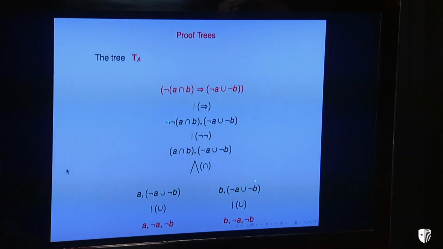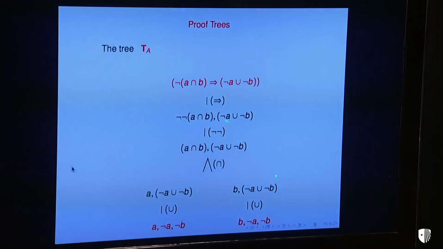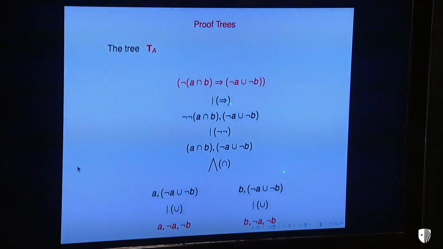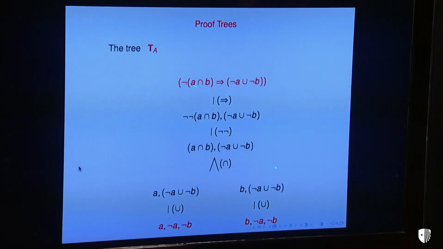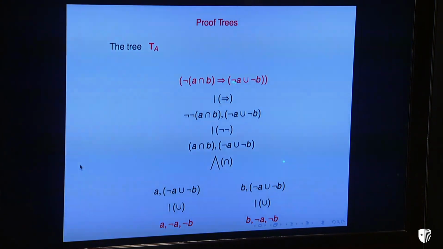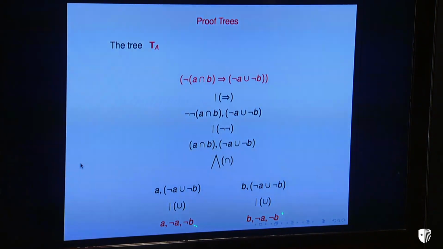You have this, and then you have the negation of this, comma, this is not A and this is B. You apply implication, so that would be not (A and B) implies. So that is how you read that proof, from the bottom to the top.